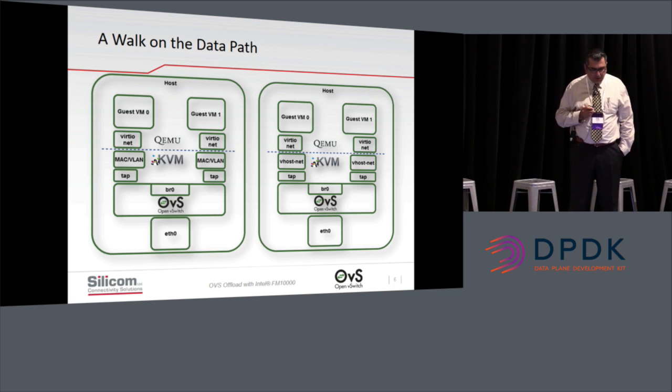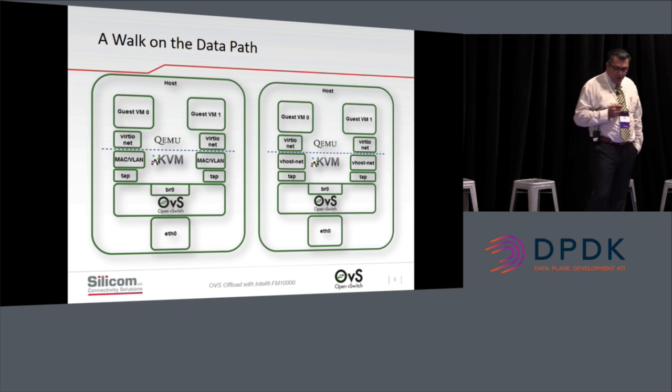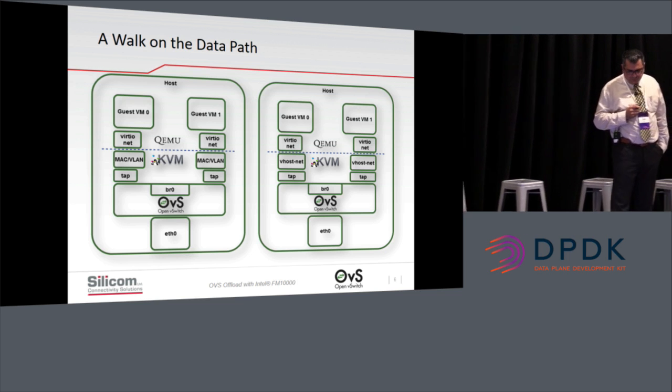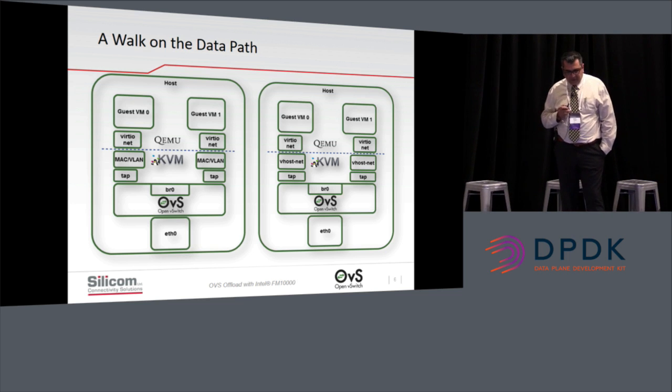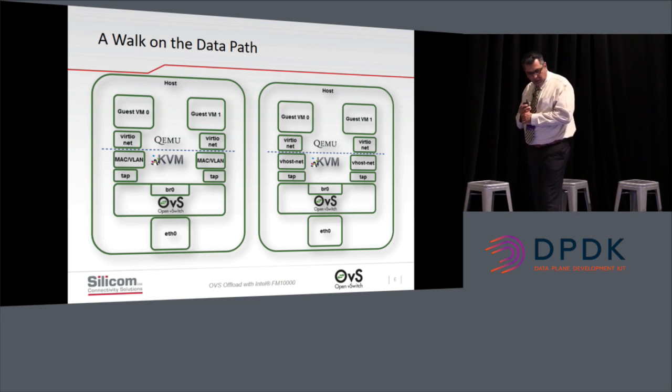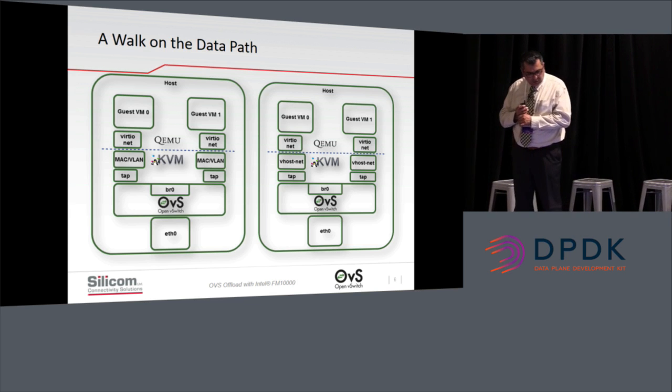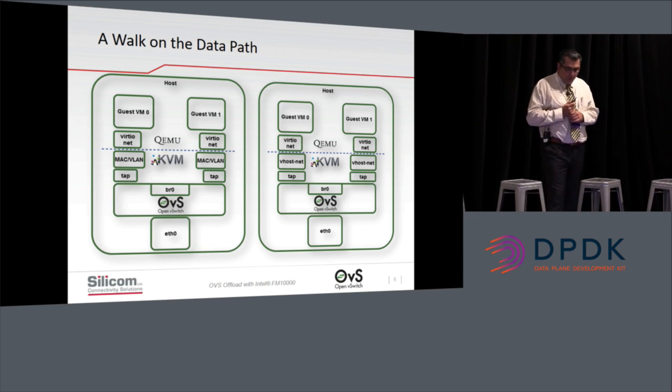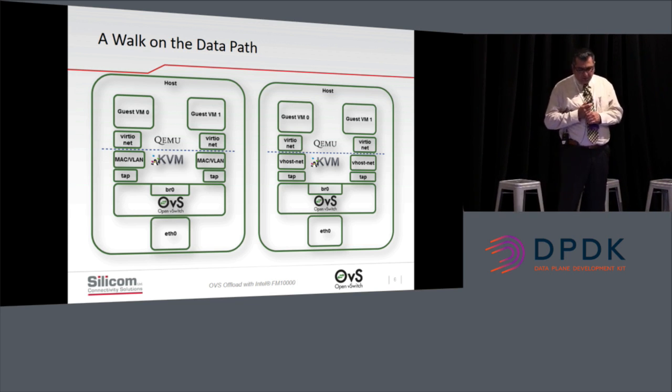On the left-hand side, there is an OVS like a traditional OVS, where the data path starts with a network controller underneath, and it goes up to a component in the kernel, and it moves up through a tap device through a virtio abstraction up to the guest VM.